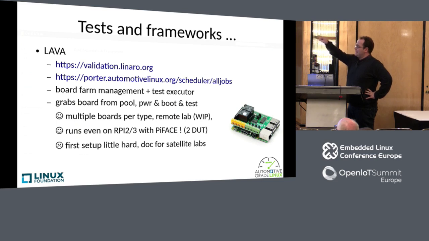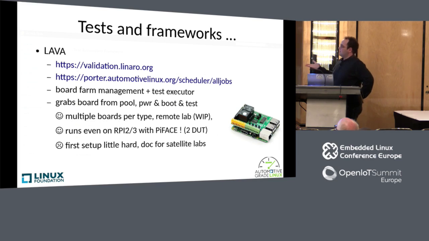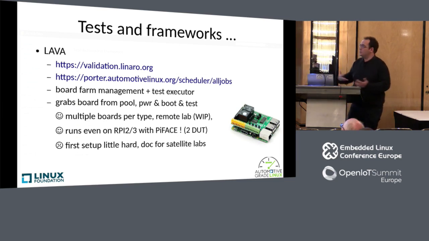So the remote lab is especially interesting, because in the end each developer has one or two boards, and it would be nice if we can pool them to run tests on them.